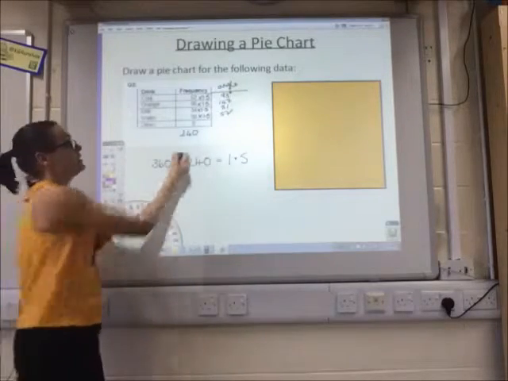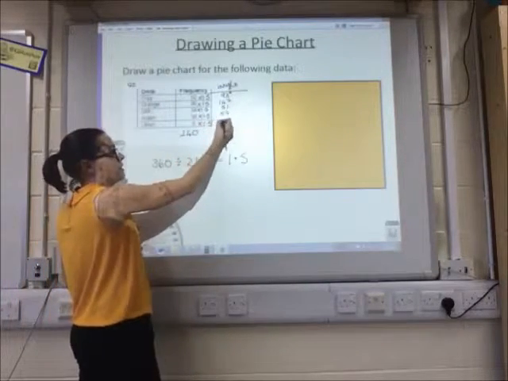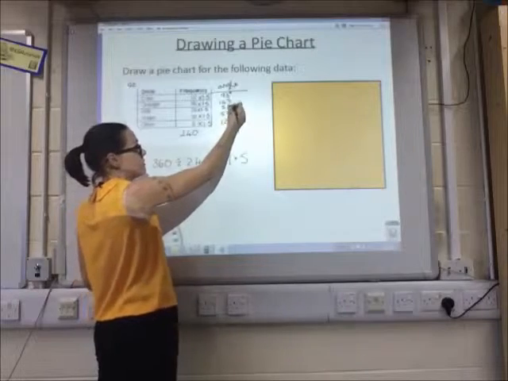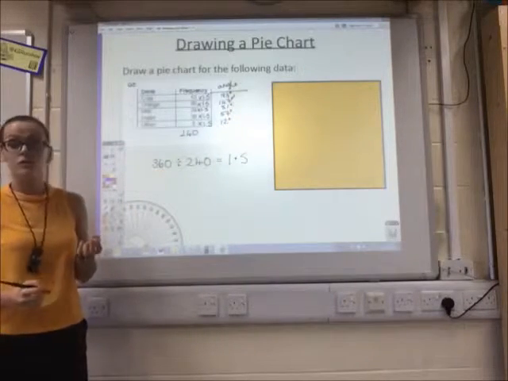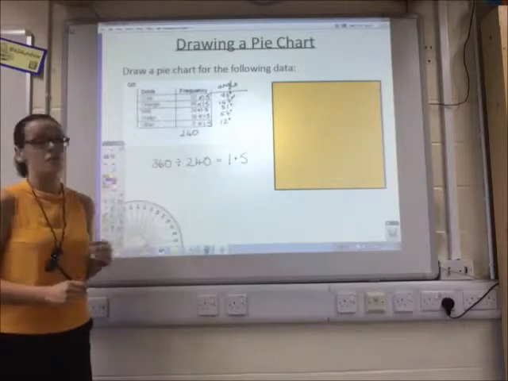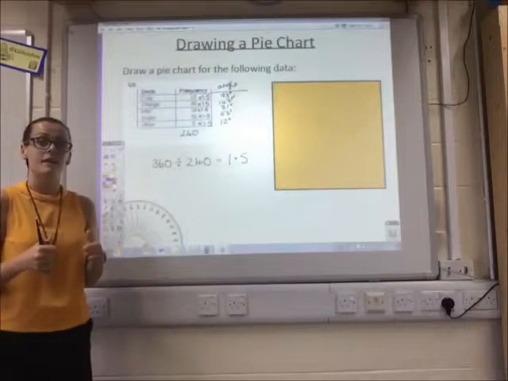And 8 times 1.5 gives me 12 degrees for each of those sections. And again, a quick check just to make sure, do they add up to 360 degrees? Yes, they do.